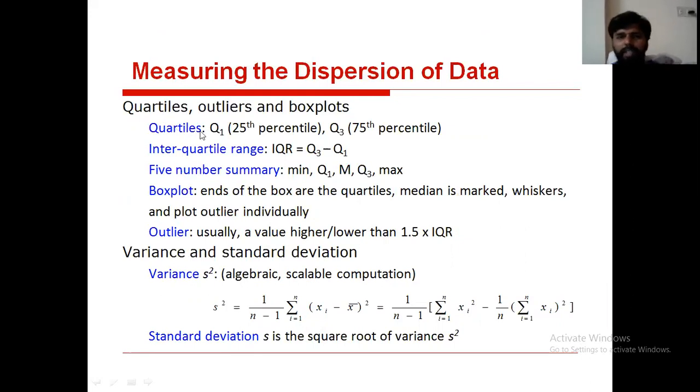Coming to the quartiles, in box plots we observe 2 quartiles. One is Q1 and another one is Q3. Q1 represents the 25th percentile, as I already told you. Q3 represents the 75th percentile. Q1 and Q3 are the quartiles which appear on the box plot.